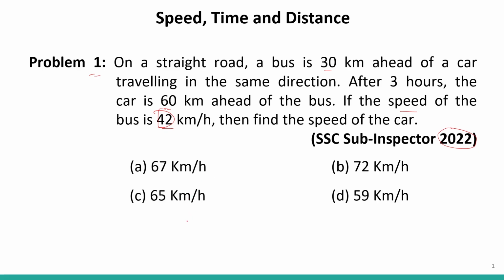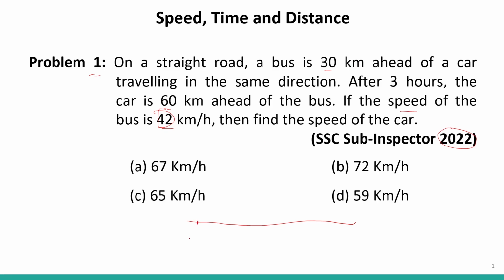Let's try to convert this word problem to a simple algebraic problem, where we can solve for the unknown and get the answer. Let's see the scenario first. We have to imagine here. On a straight road, a bus is 30 km ahead of the car.